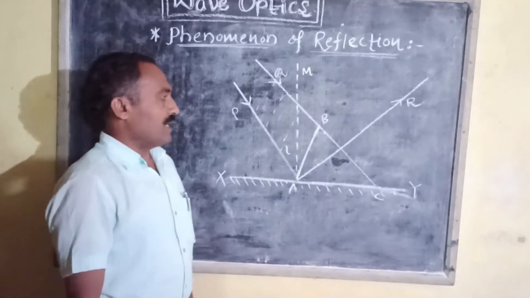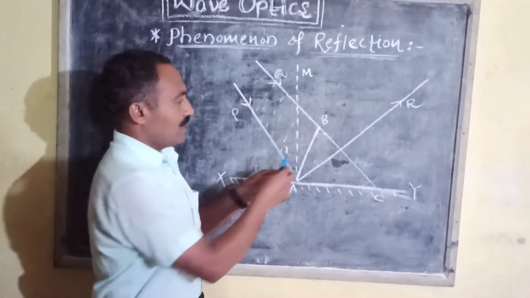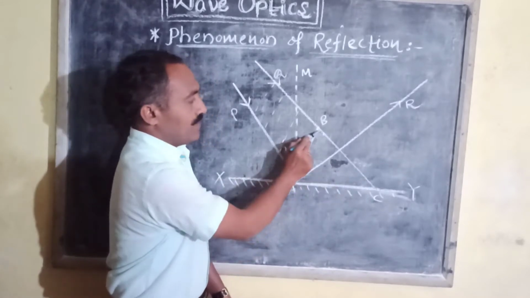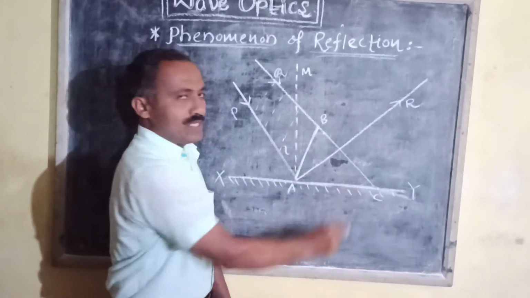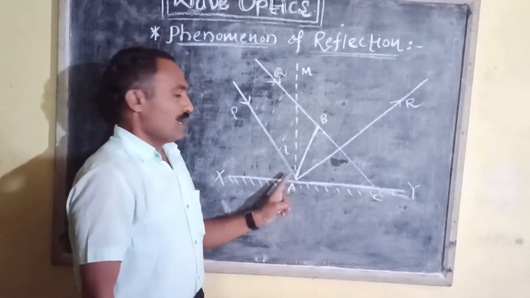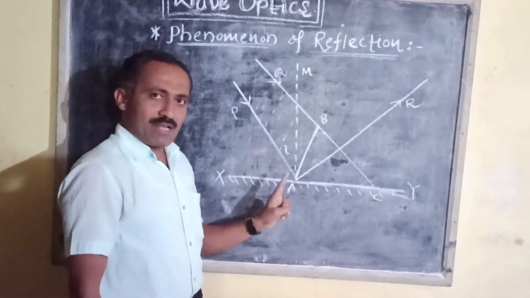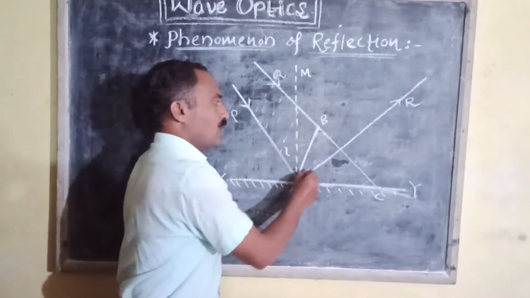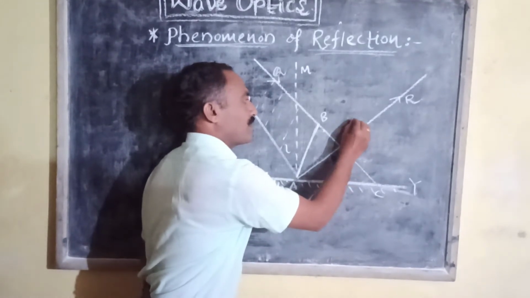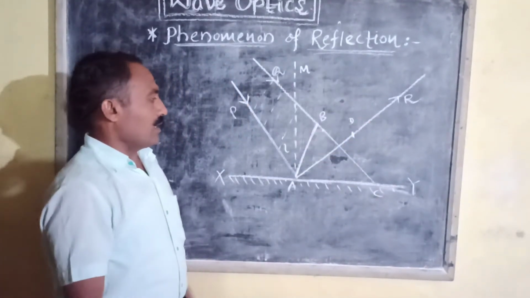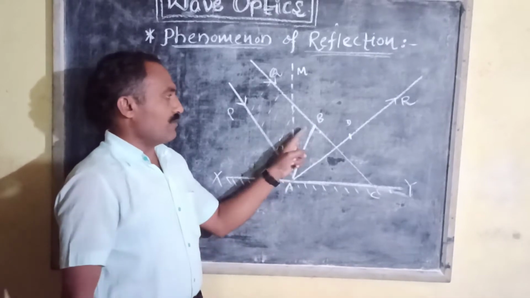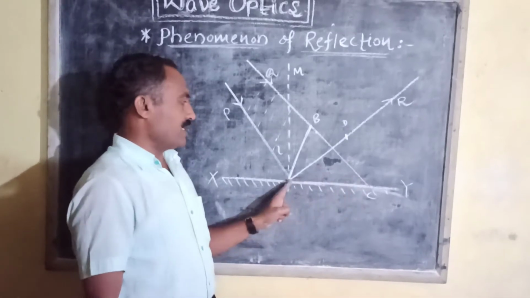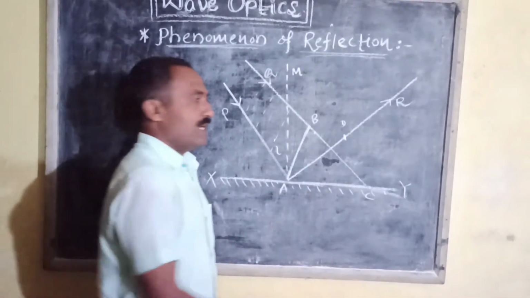If T is the time taken by the wavefront to reach from B to C, in the same time the secondary wavelets originating from A cover a distance equal to AD.